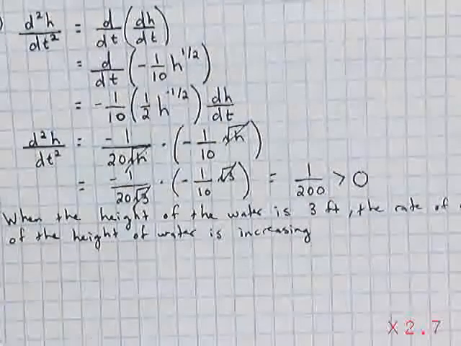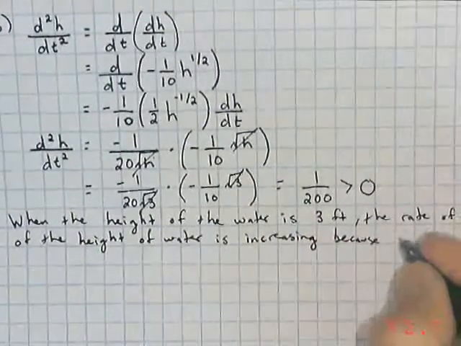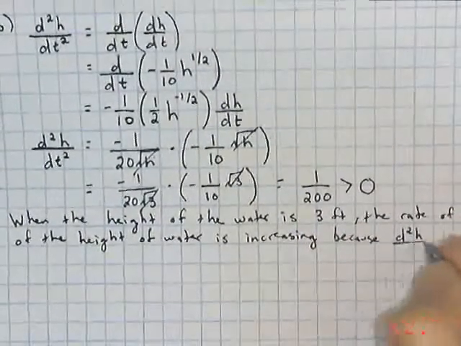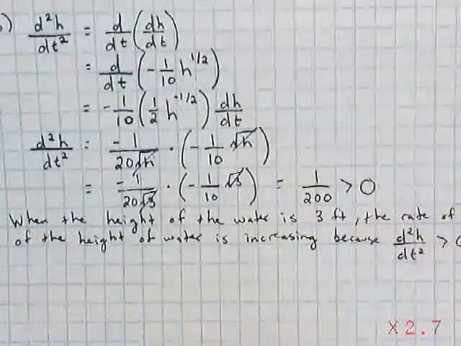And to explain our reasoning, it is because this is greater than 0. That's all she wrote.